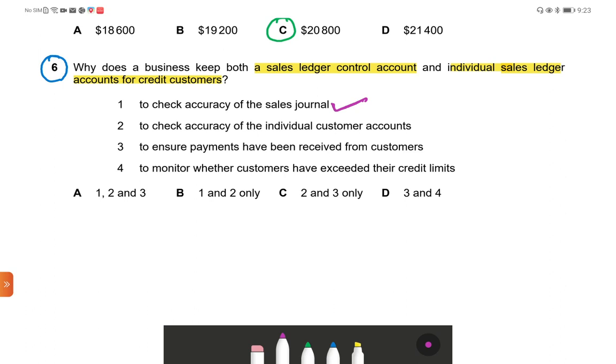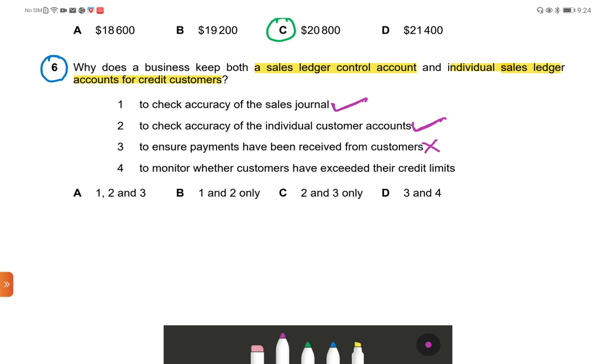Second, to check accuracy of the individual customer's account. Yes, checking the accuracy of the individual customer's account is also important. To ensure payment has been received from customers. No, there is no such purpose for preparing the control account or individual sales ledger account.